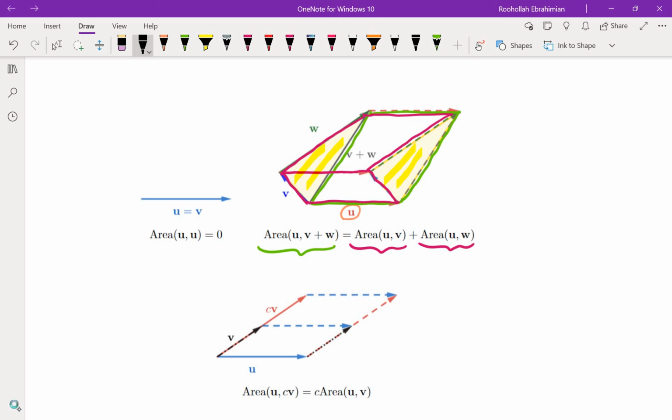So in other words, the height here plus the height here is the height from here to here. So the height for v and the height for w is going to be the height for v plus w, which is why the areas add up.